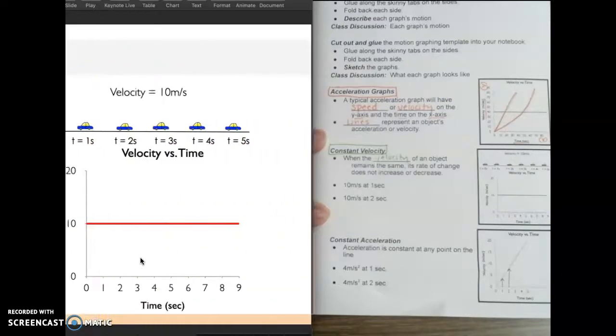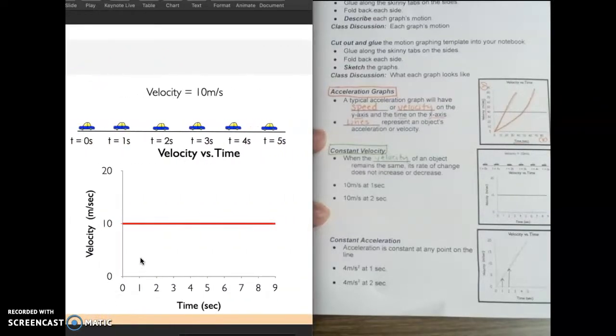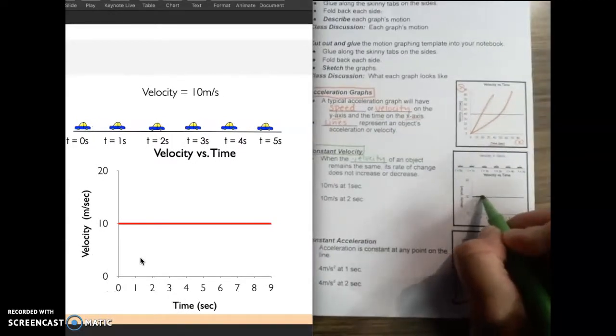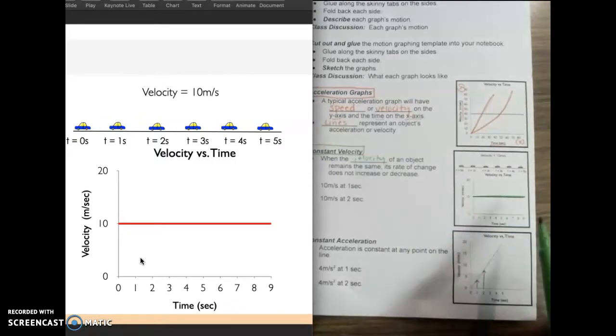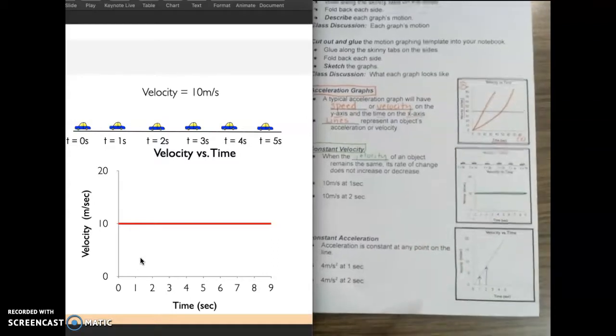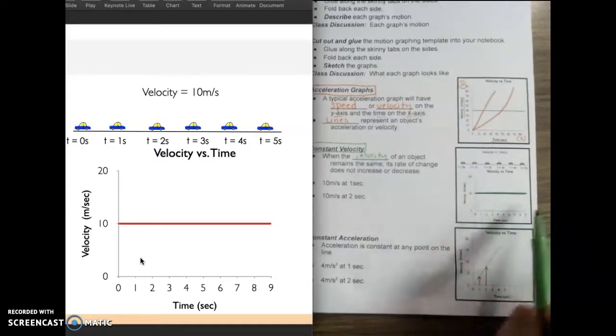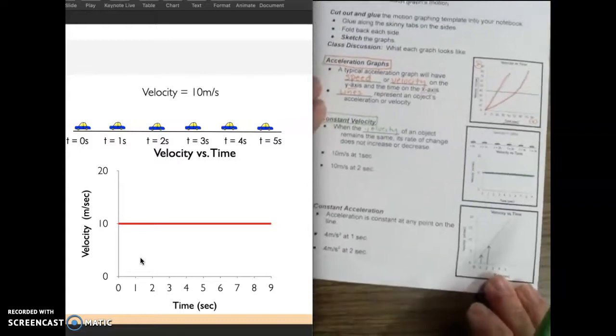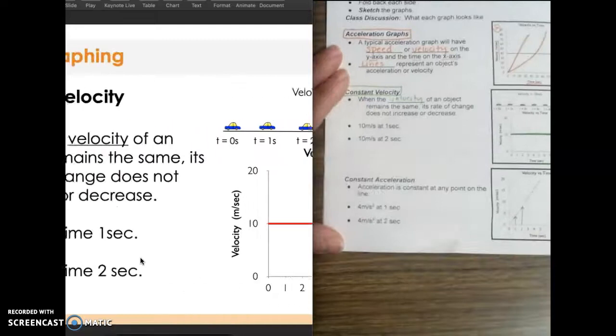Looking at the chart over here, we're looking at our flat line right here. So the velocity of our object did not change through time. Okay? All right, let's look down at our next one.